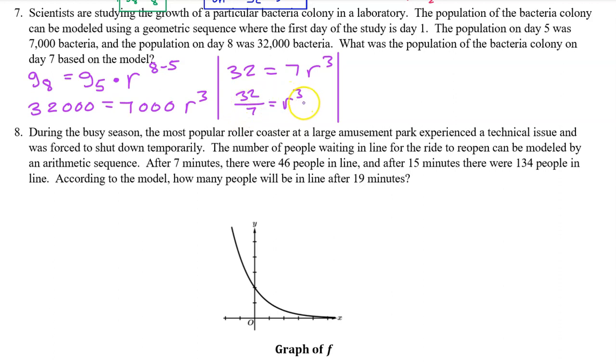I could take the cube root of both sides. That is the same thing as raising both sides to the 1/3 power. I'm choosing to do it that way. So raising both sides to the 1/3 power will cancel out this 3 on the r, leaving me with just r. So r is equal to 32 over 7 to the 1/3 power.